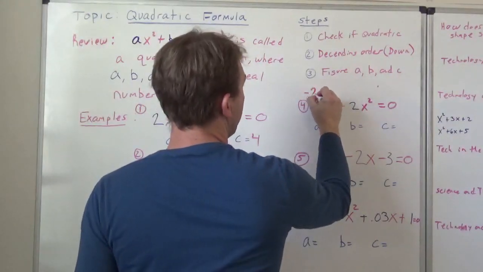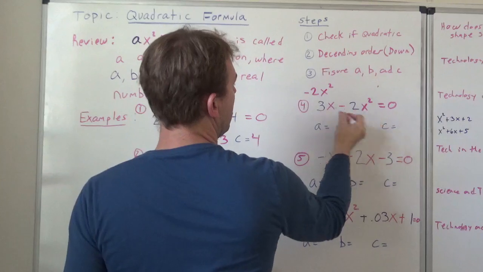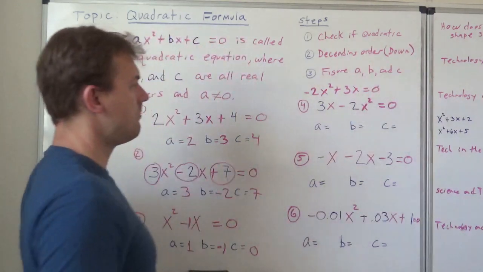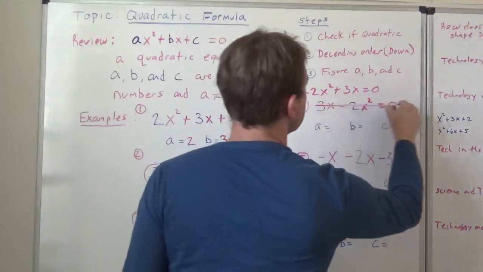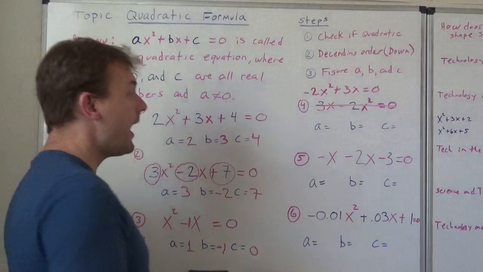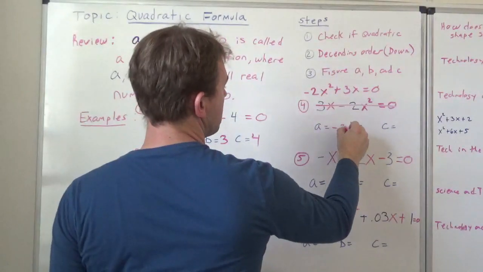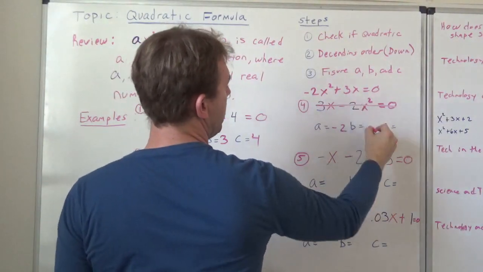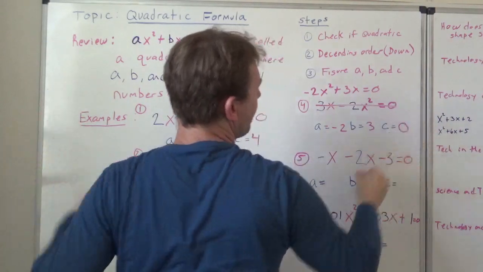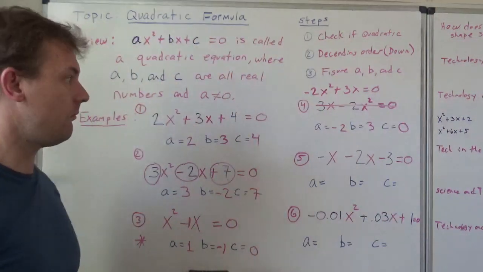So this is negative 2x squared plus 3x equals 0. Now I know what a is, I know what b is, and c is not there. So that's another one that's 0.